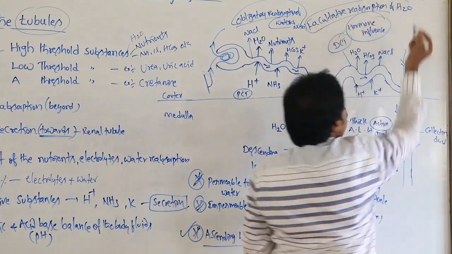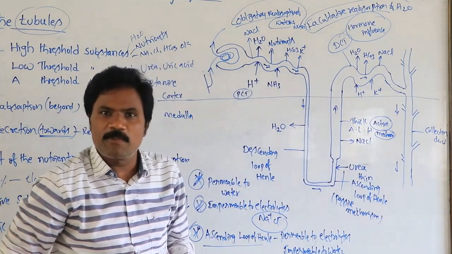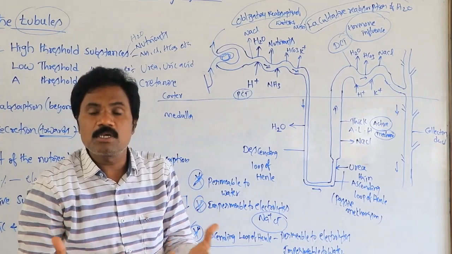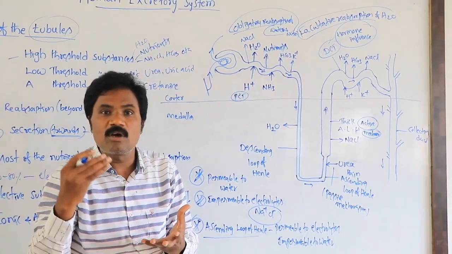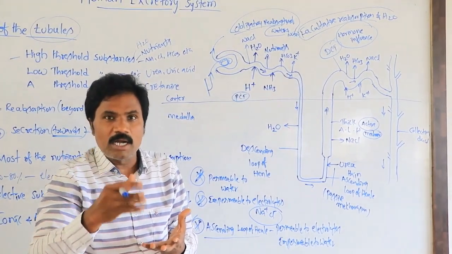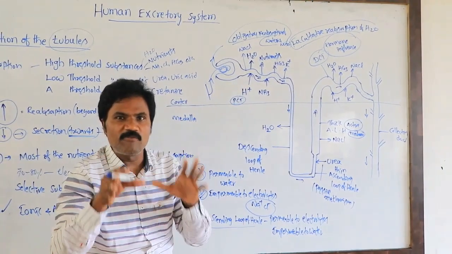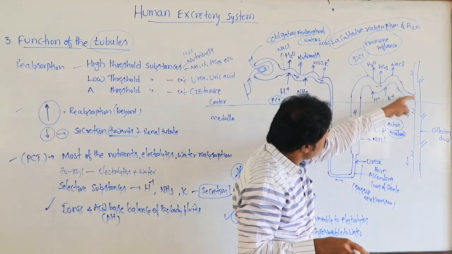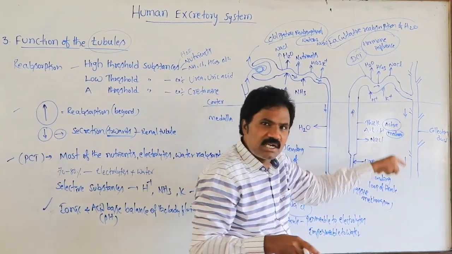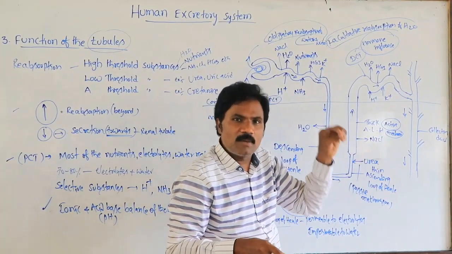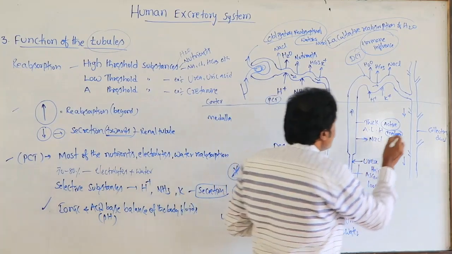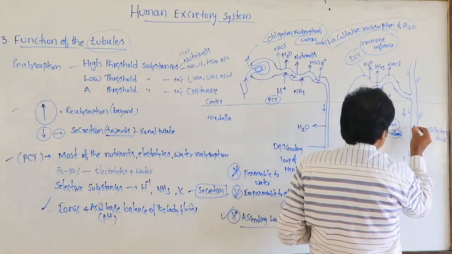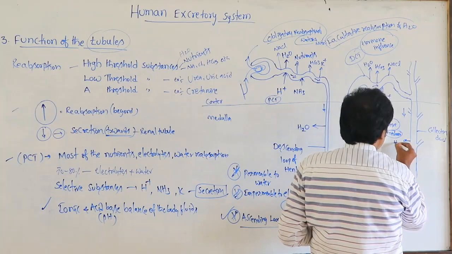Suppose the hormones are not functioning properly, it is unable to reabsorb. Without reabsorption, a maximum amount of water is eliminated from our body in the form of urine. That is very important. Then coming to the collecting duct, in the collecting duct also there is maximum reabsorption of water.